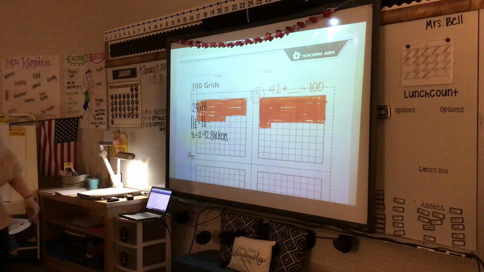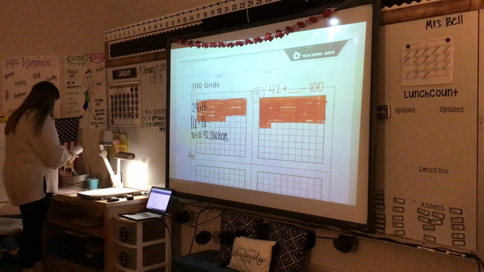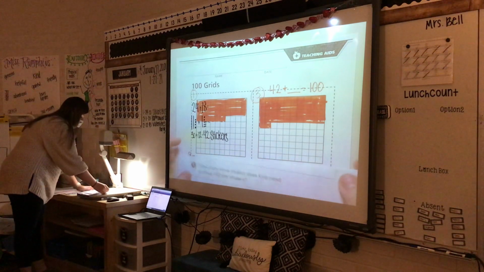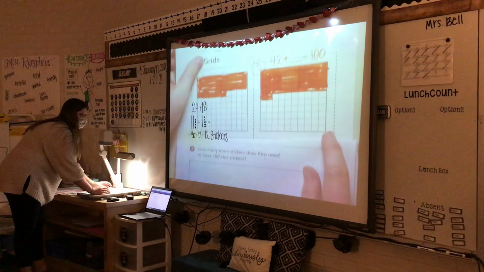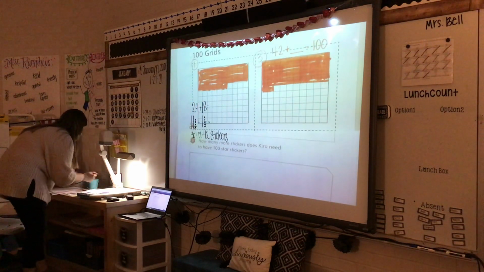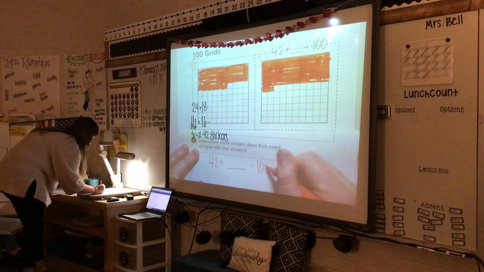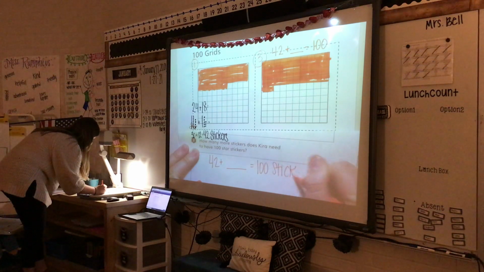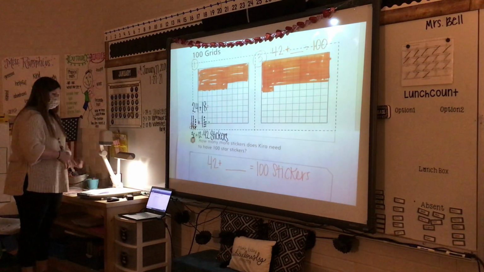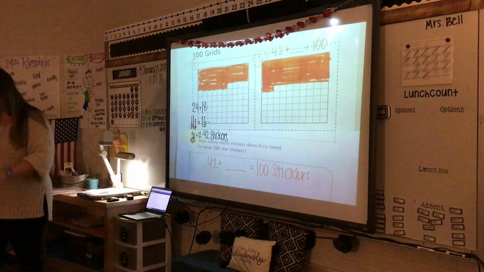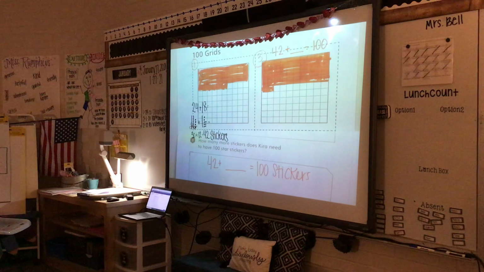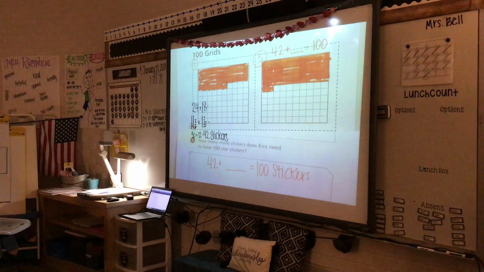Your equation for number 3 should go along with this. Here's number 3. My equation needs to be 42 plus whatever answer you got equals 100 stickers. Give me one more minute and then we're going to count it together.